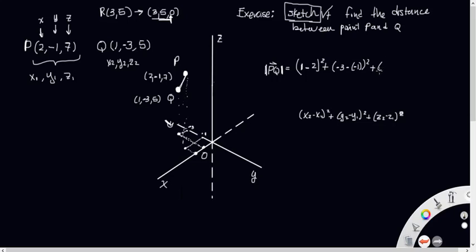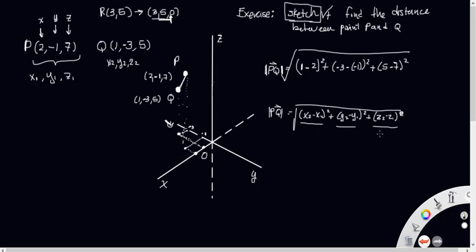This is 5 minus 7 squared, and we take the square root of this. Okay, so 1 minus 2, minus 3 minus minus 1, and 5 minus 7, which is exactly the same as this general expression here. And this is the formula for the distance that we learned in our last lecture.